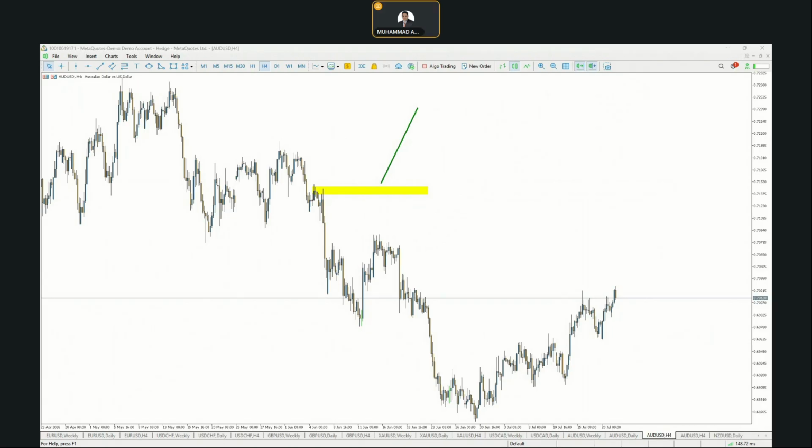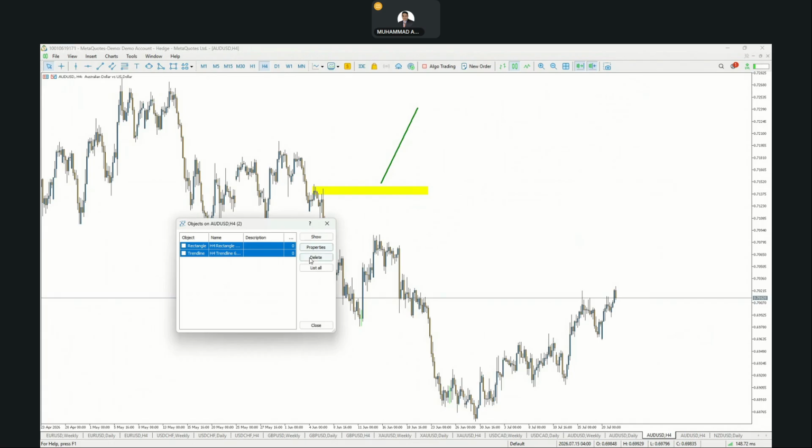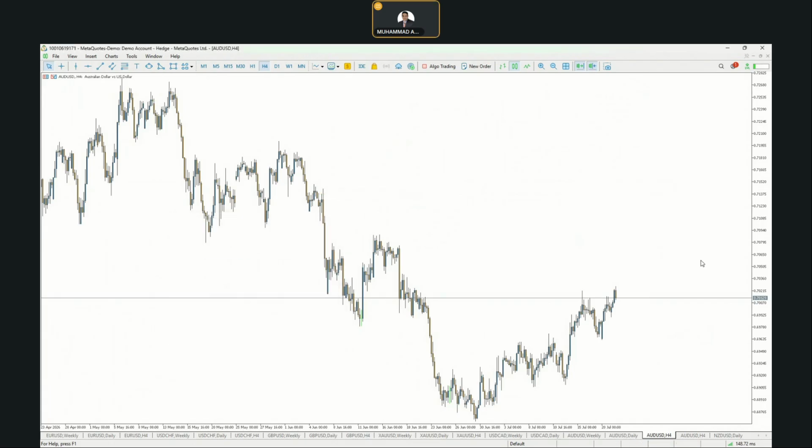The overall analysis is the unemployment rate is one of Australia's most important economic indicators and a major driver of Reserve Bank of Australia monetary policy expectations.